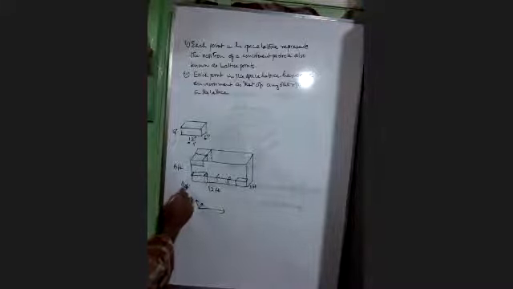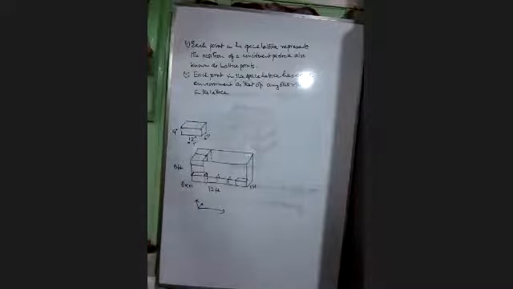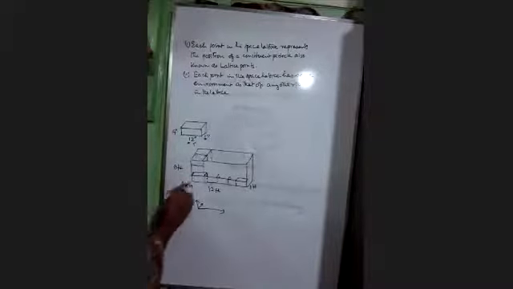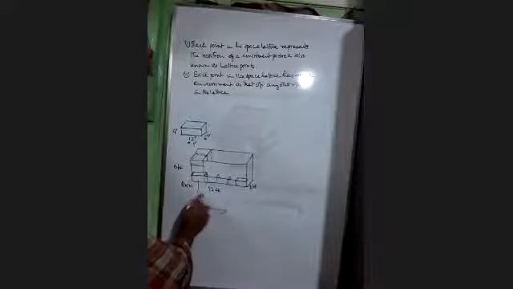You repeat n times in one direction, n' times in other direction, and n'' times in the other direction. Ultimately you get the wall. So this is the unit which is being repeated lengthwise, breadthwise, and heightwise.